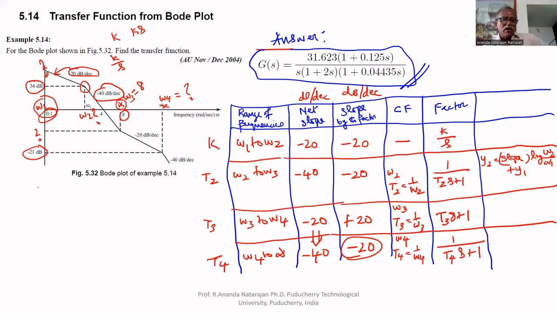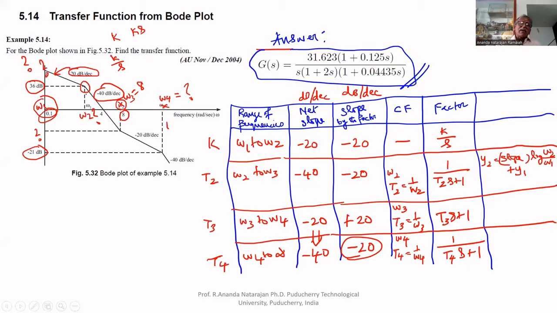If we use that formula, what is y2? Here we do not know the magnitude, and here we do not know the frequency.